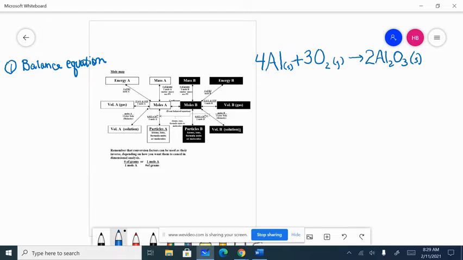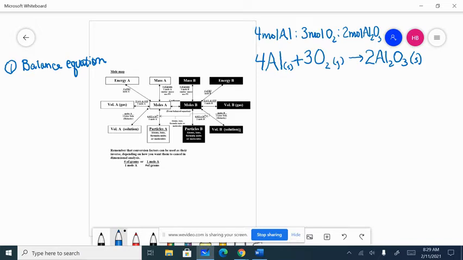So this allows me to see this mole ratio. So the mole ratio is 4 moles of aluminum to 3 moles of oxygen to 2 moles of aluminum oxide, like such.